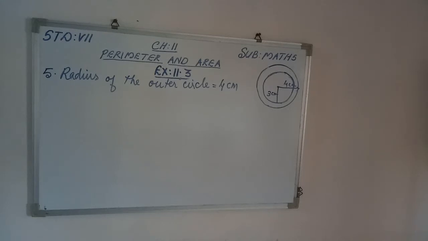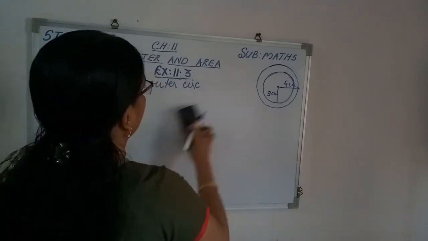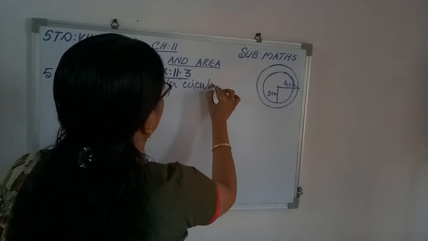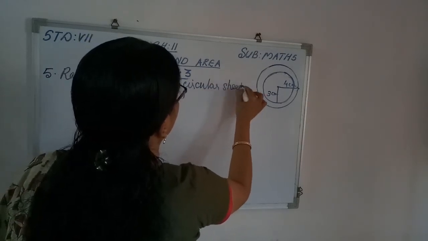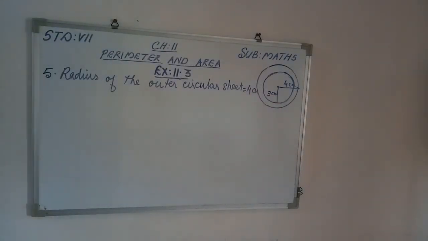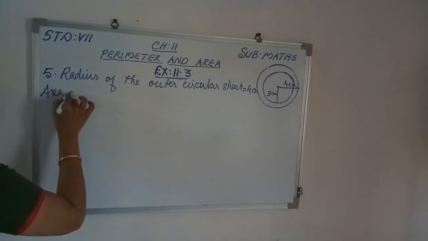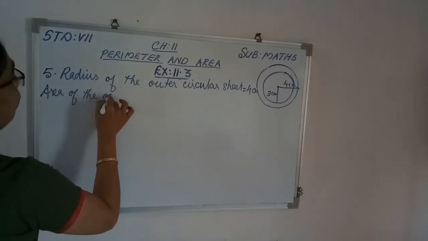Area of the outer circular sheet. Okay. So, outer circular sheet it is. Then we can find out, as radius of the outer circular sheet is given, we can find out area of the outer circular sheet.